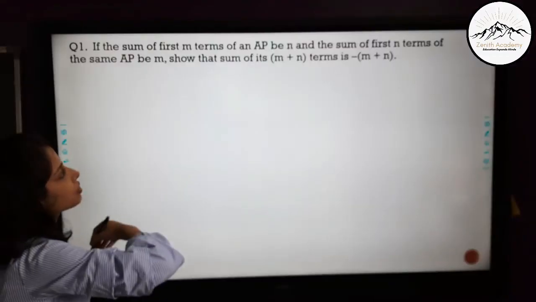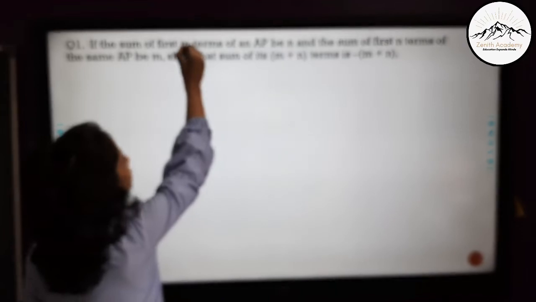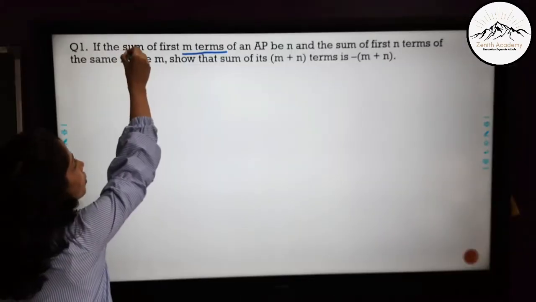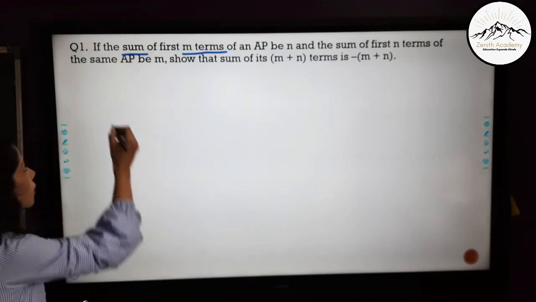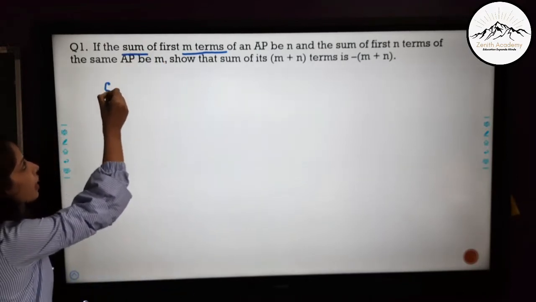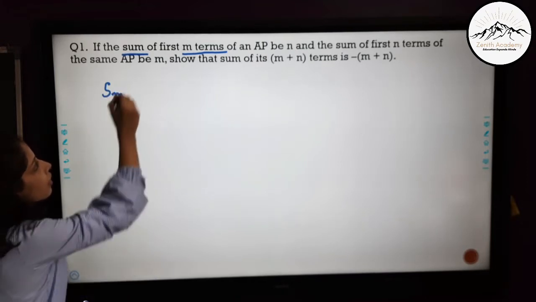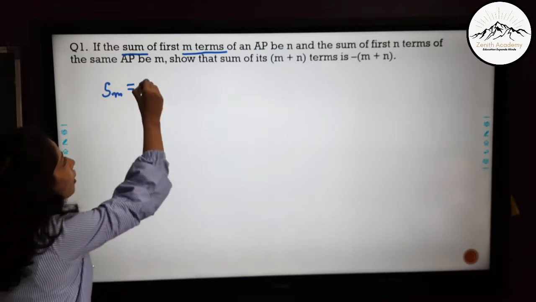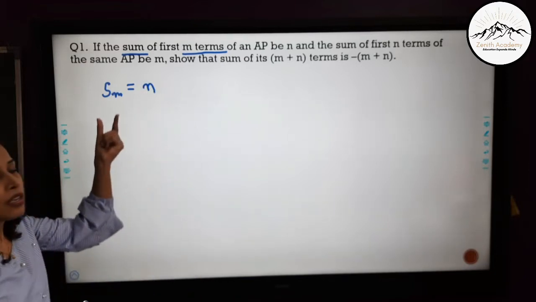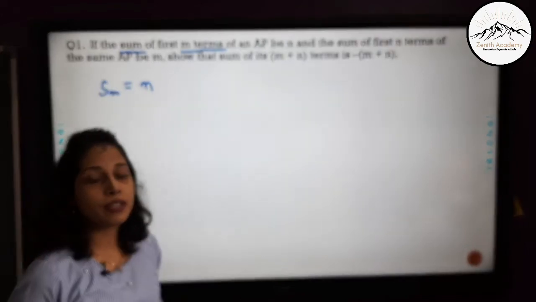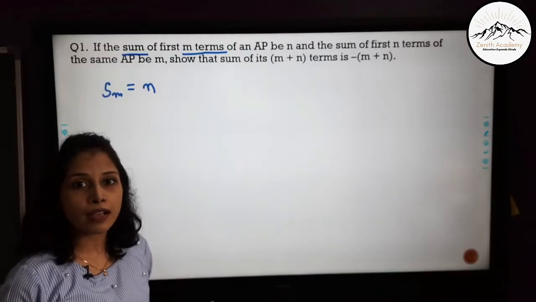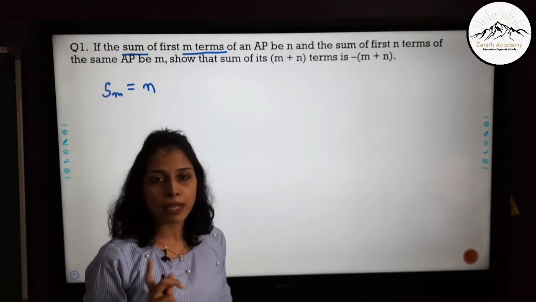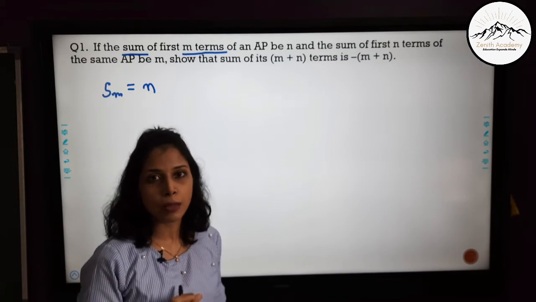In these kinds of questions, first let us see what we have been given. Sum of first m terms is equal to n. Now, in our previous video, we have learned that whenever we have not been given the last term of an AP, we take the formula n by 2, 2a plus (n minus 1) into d as the sum of an AP.